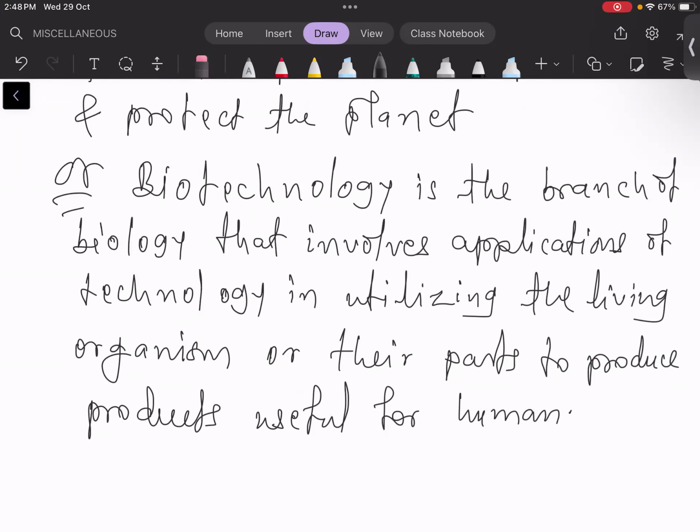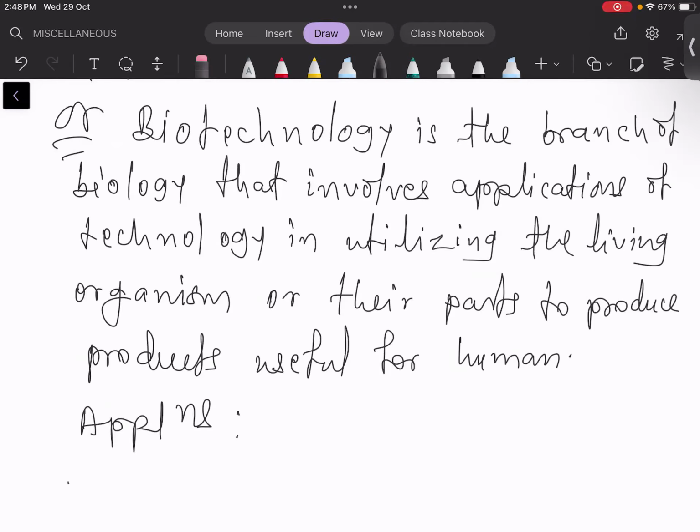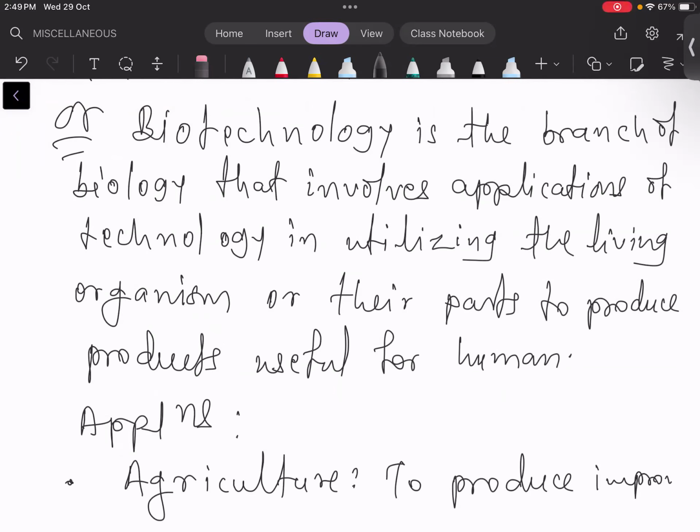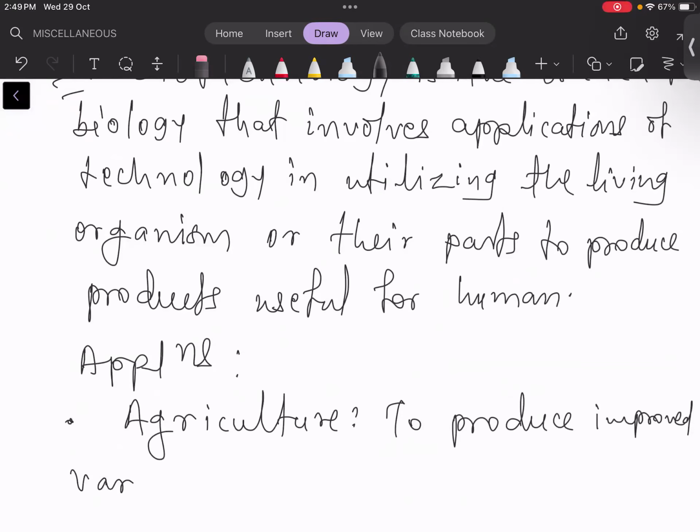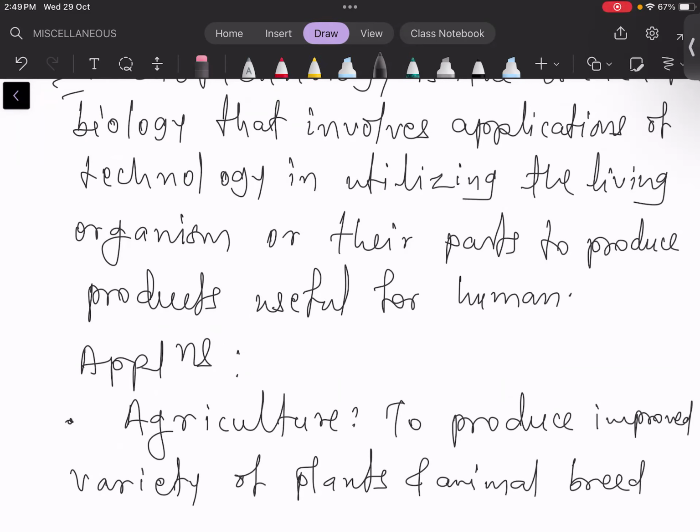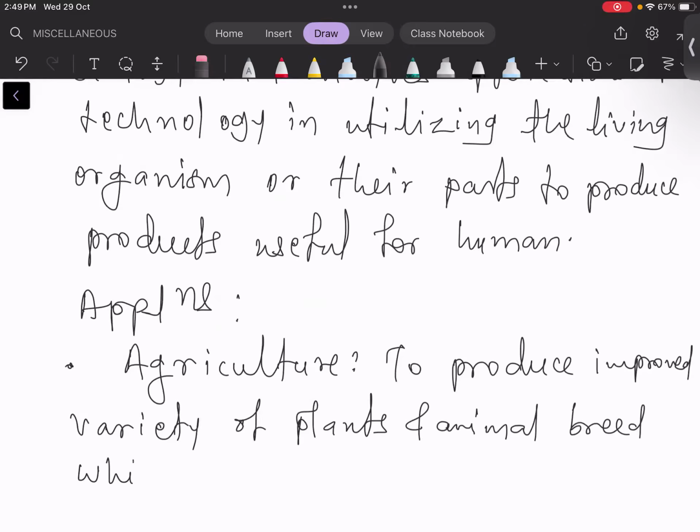Now, what are the applications of biotechnology? First, it is used in agriculture to produce improved varieties of plants and animal breeds which are disease resistant.